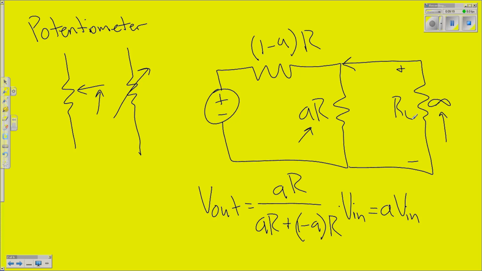Essentially what we want is for RL to be very, very big, because otherwise the A term, the gain, becomes non-linear. And that's not fun for anybody, because that invalidates a lot of the tools we use to analyze them.